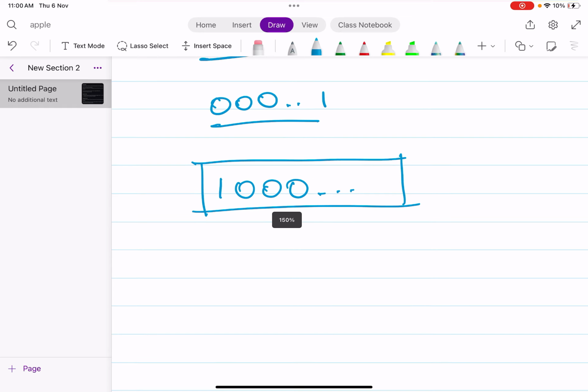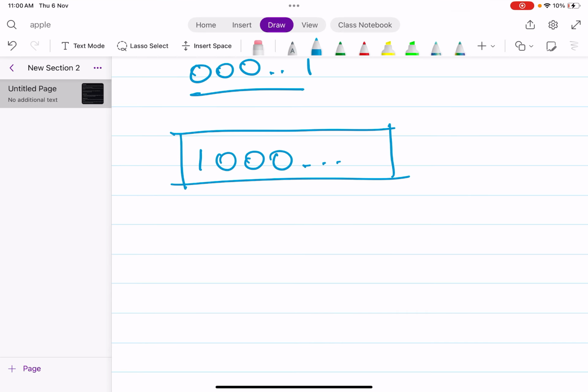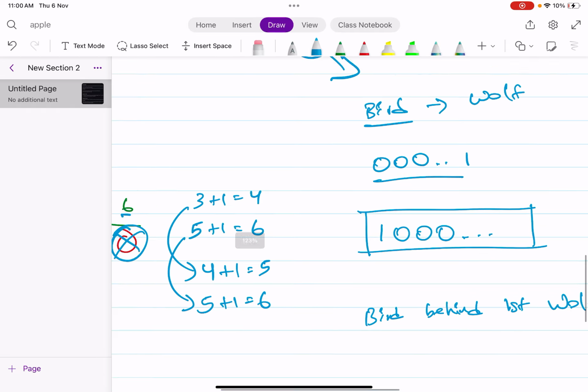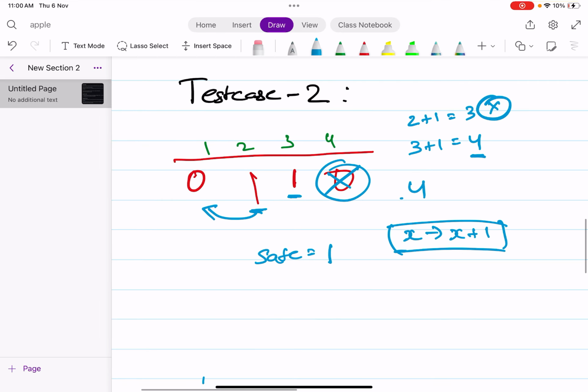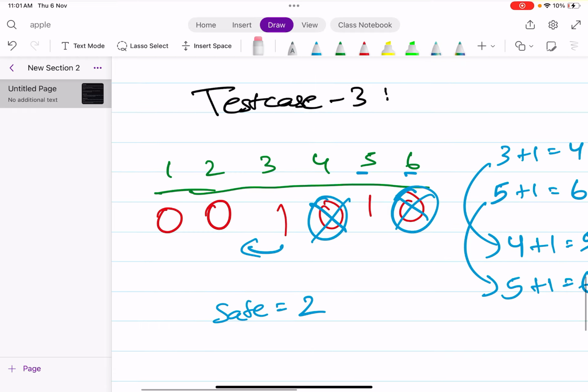So can I say that every bird behind the first wolf they encounter will always be safe? If we go through this approach, there is only 1 zero which is present before encountering the first wolf. So the number of safe birds is 1, and in the previous case there are 2 of them.